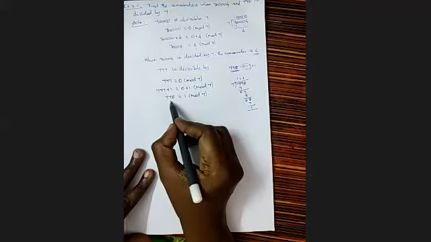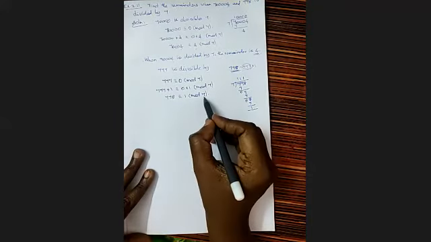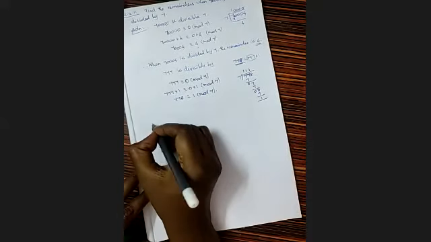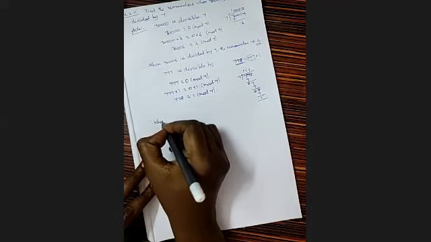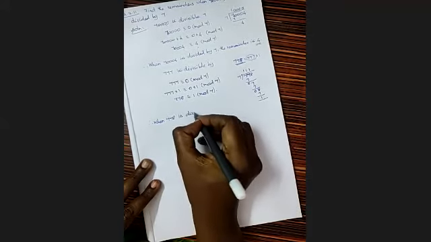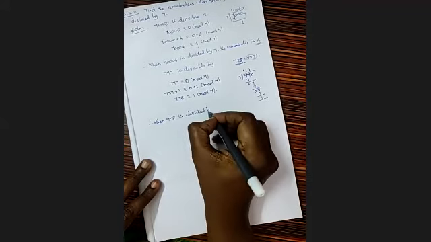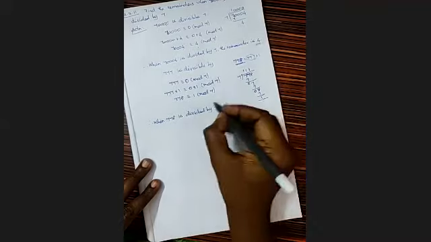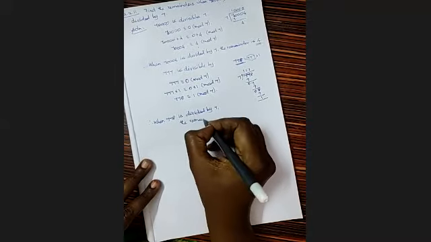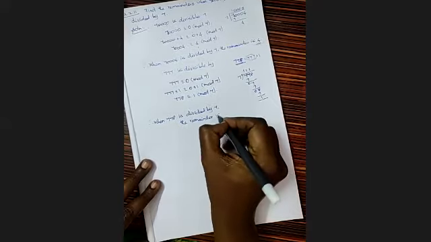So when 778 is divided by 7, the remainder is 1.